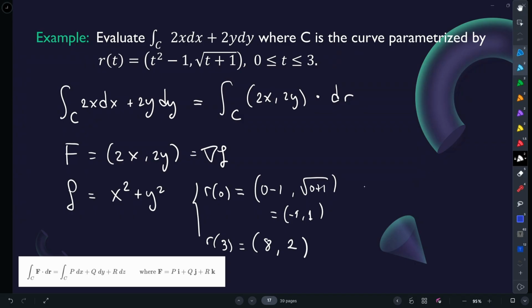What is the value of f at the end? That will be 8 squared plus 2 squared, which is 68, thank you.